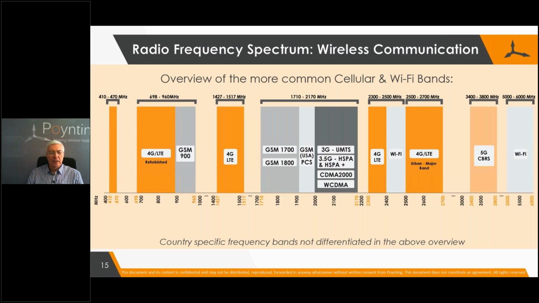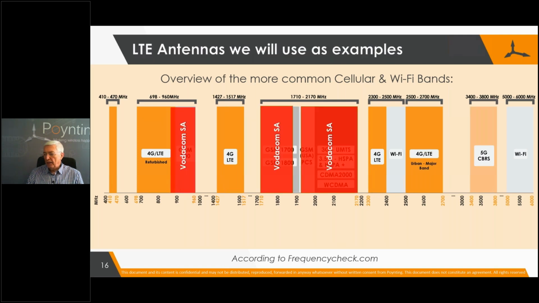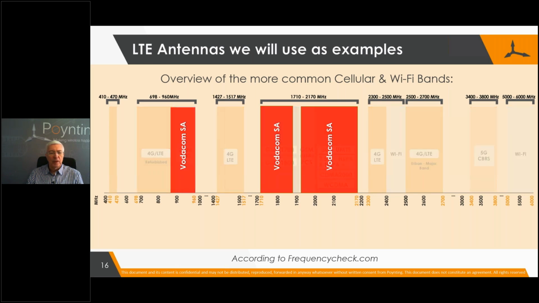And of course, equally important is the future of frequencies and how an antenna is future-proof by being able to receive all of those frequencies, in other words, being a wideband antenna. So let's look at that. I've plotted the frequencies used by Vodacom here in South Africa, which is the local Vodafone company, and there you can see the overlay of the particular frequencies used by Vodacom.